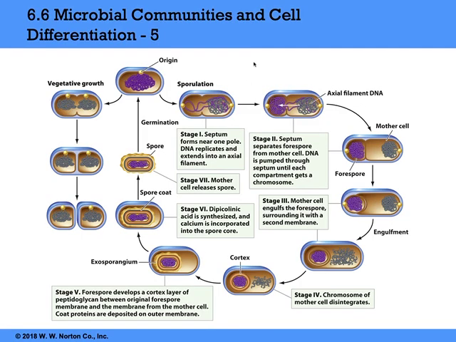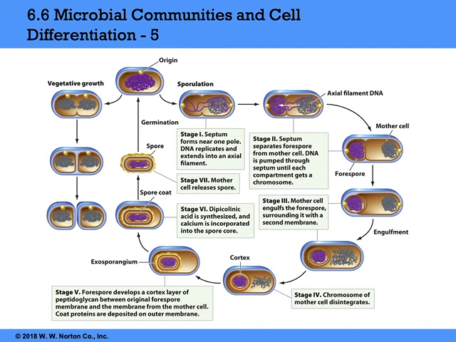So what you're seeing here is just an example of the different growth stages of a bacteria, depending on whether it's going to go into sporulation or whether it's going to do vegetative growth. In vegetative growth, we're just going to undergo binary fission and make two brand new bacterial cells that have the same genetic composition as the original.